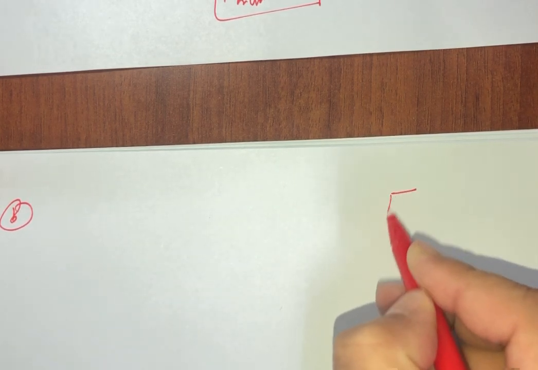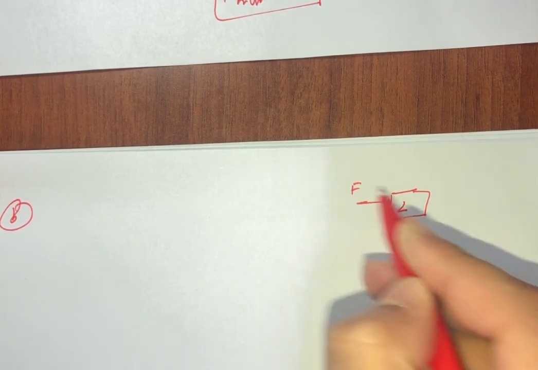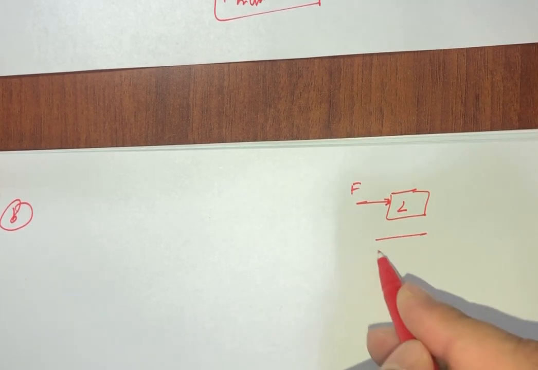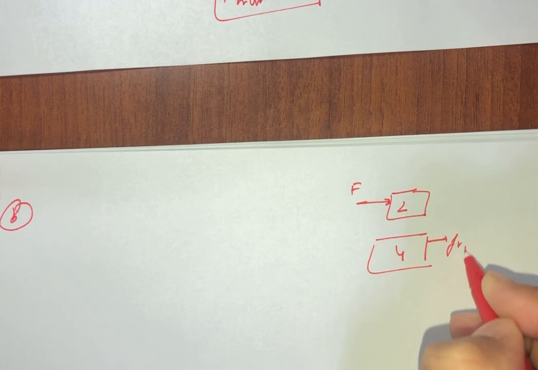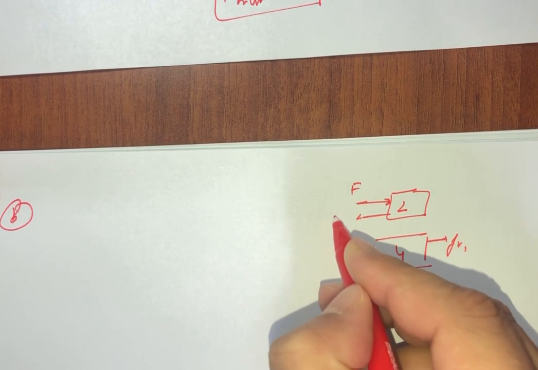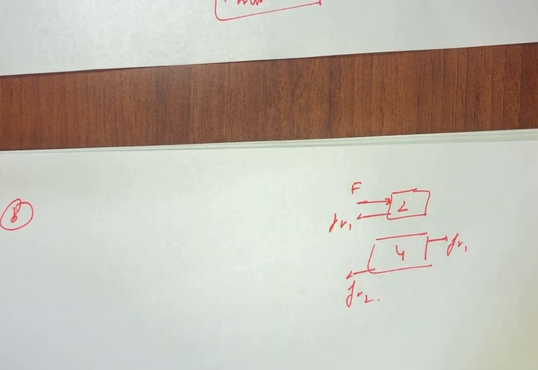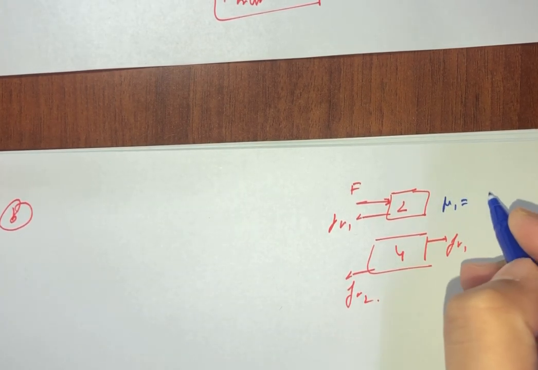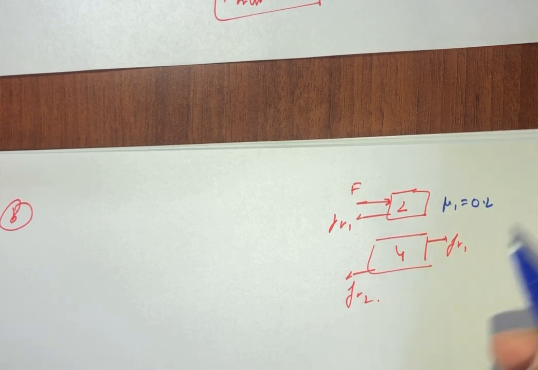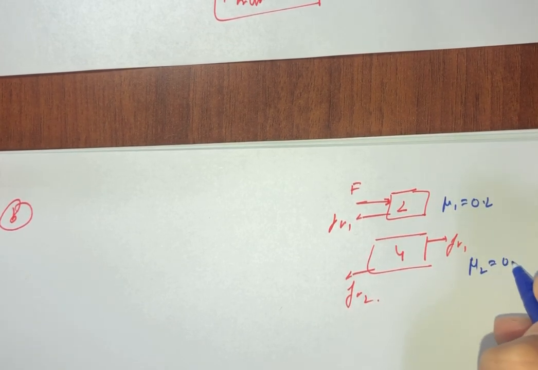Let me draw this is of 2 kg. A force F is being applied, and this is 4 kg. This is Fr1, and this is our Fr2. And mu1 is given as 0.2 and mu2 is given as 0.1.